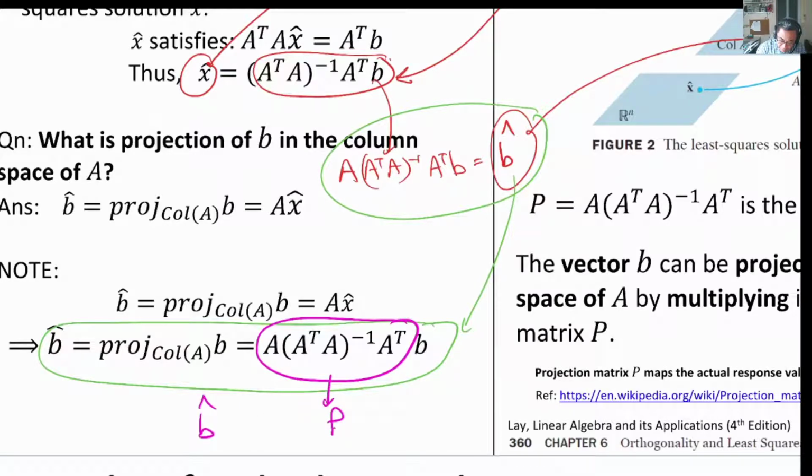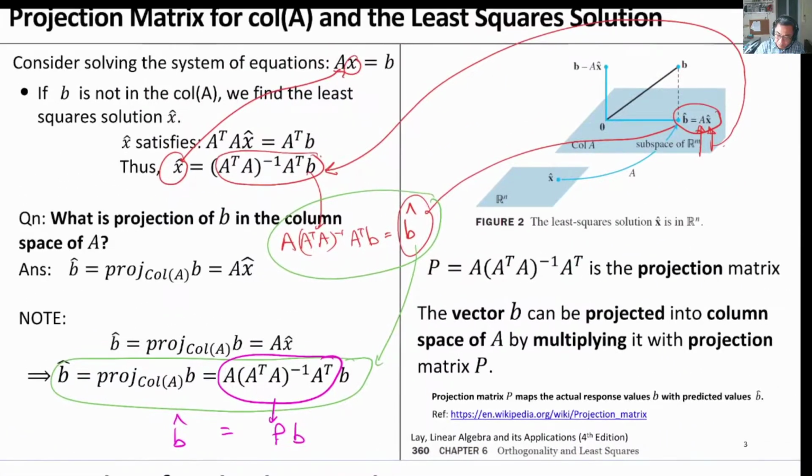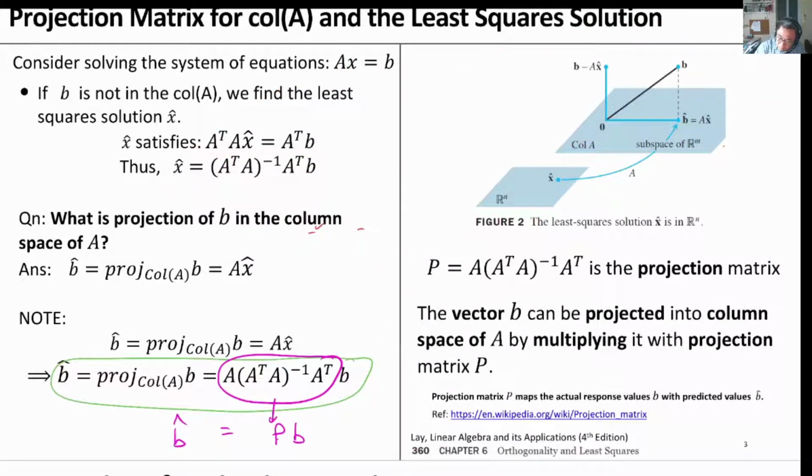B hat is equal to the projection matrix multiplied by B. That's the interpretation. B hat equals A x hat, which equals the projection matrix multiplied by B.